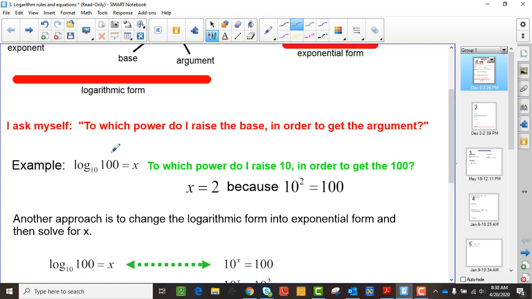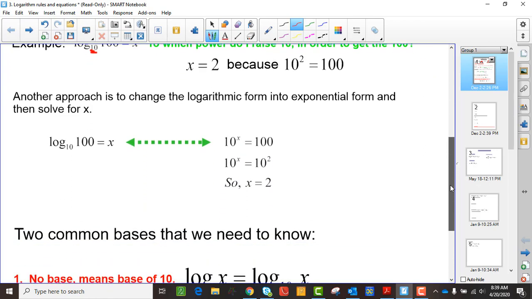All we're really looking for is what power, what exponent, do I have to use to get the answer, and it's from the base's perspective. So log base 10 of 100 is x means that x is 2 because the base 10 raised to the x, 2 in this case, 10 squared, is equal to 100. You can always write them back and forth.